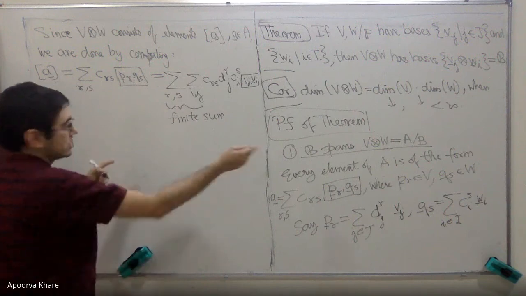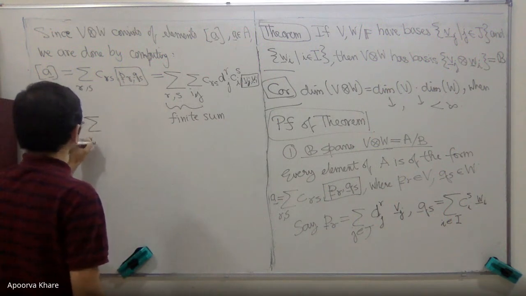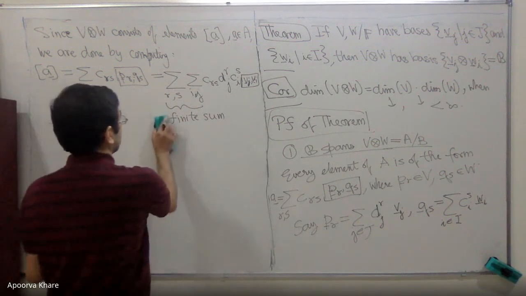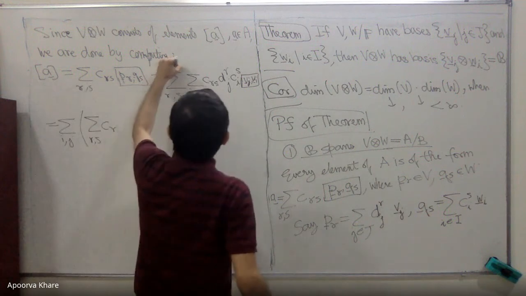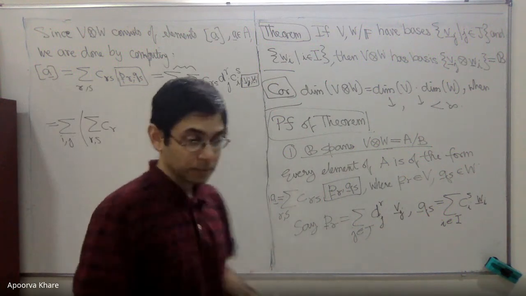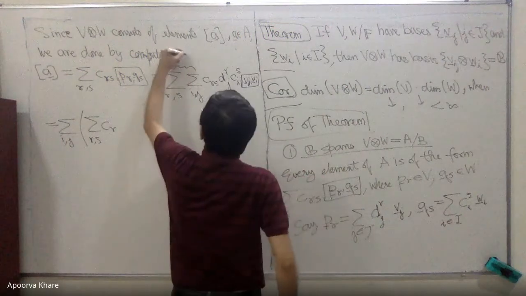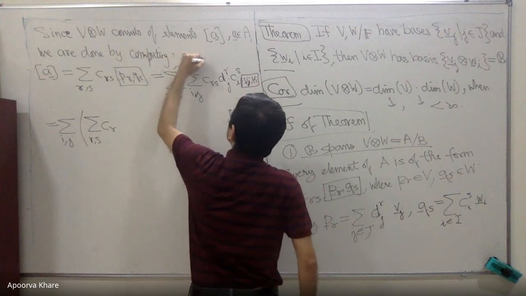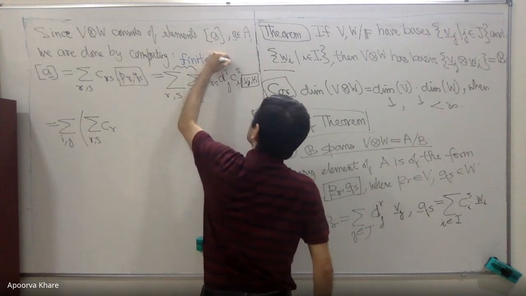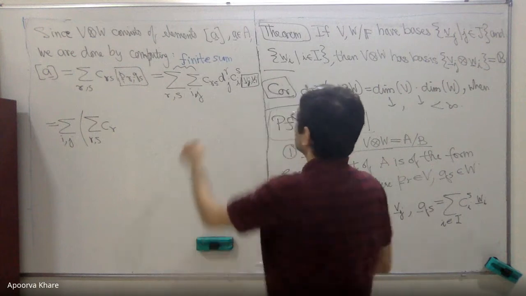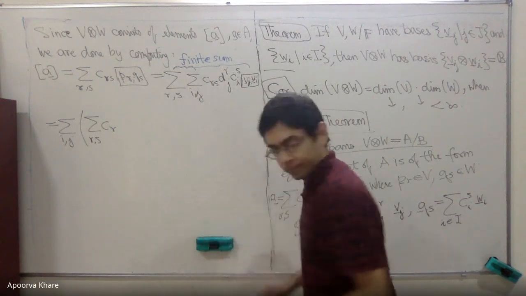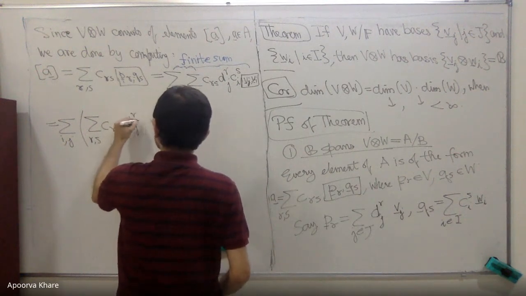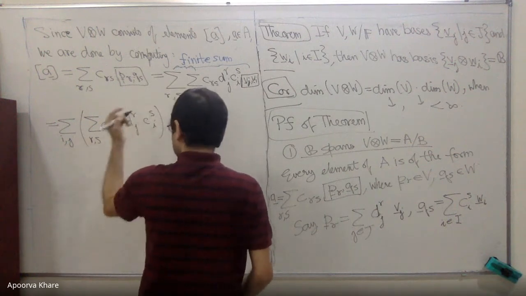I in I, J in J, and first let's sum up all these scalars: C_RS, D_RJ, C_SI, whatever this scalar is.